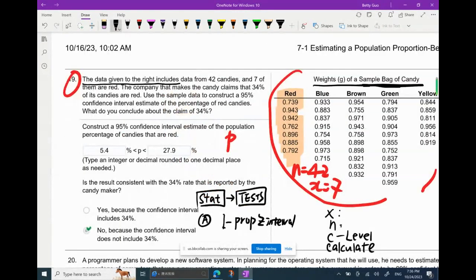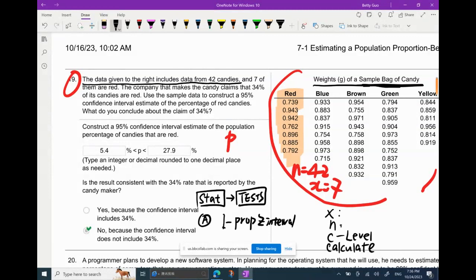It says the data given to the right includes data from 42 candies. So the sample bag has 42 candies, and the sample size is 42.